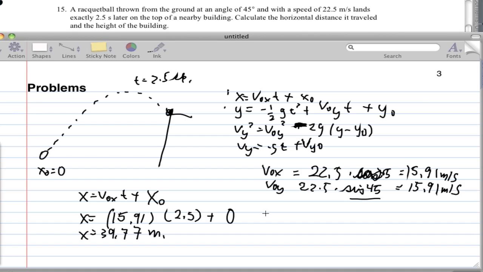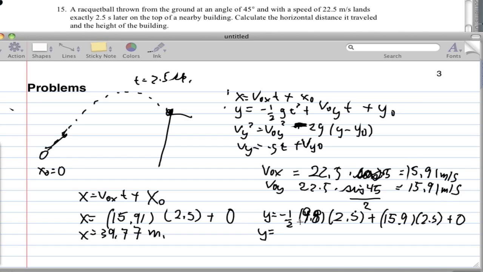Now for the y direction, let's get the height. The height is how high the ball goes, so that's y equals negative 1/2 times 9.8 times t squared, which ends up being 2.5 squared, plus, because this is going upwards, 15.9 times 2.5 plus 0.